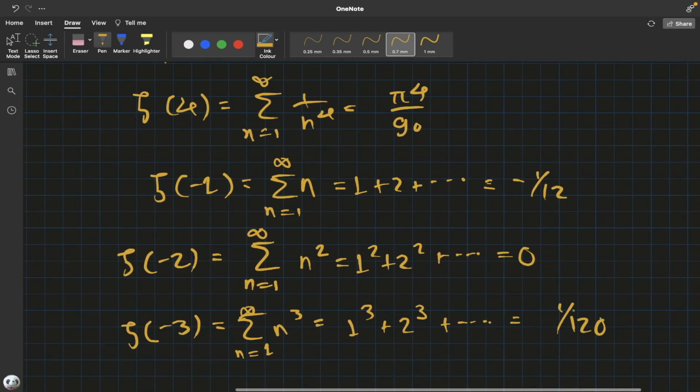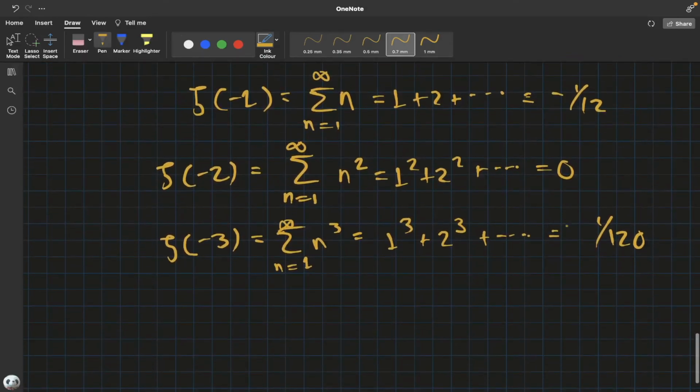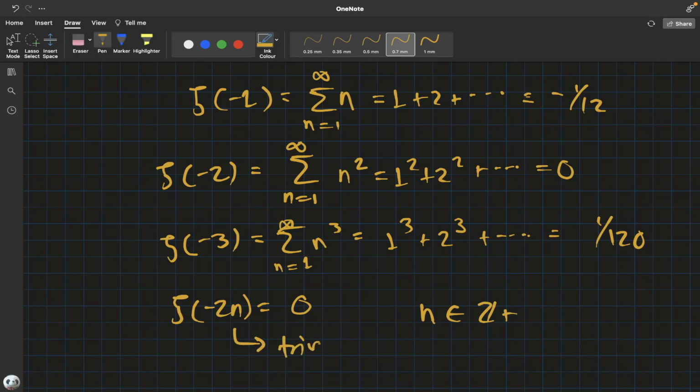These values are really important when you're compactifying in string theory for those high dimensions that you're working in. Zeta of minus 2n is 0 for n some positive integer, and these are called the trivial zeros of the zeta.